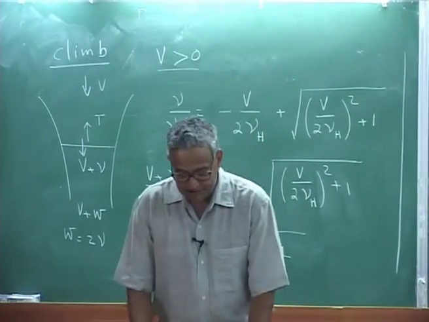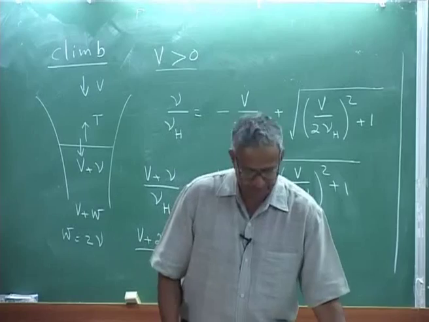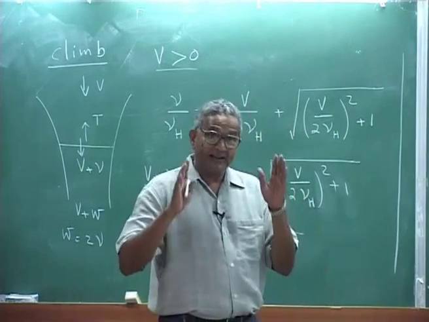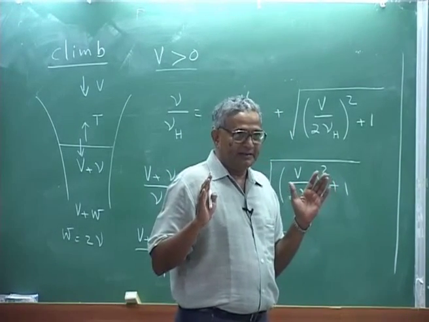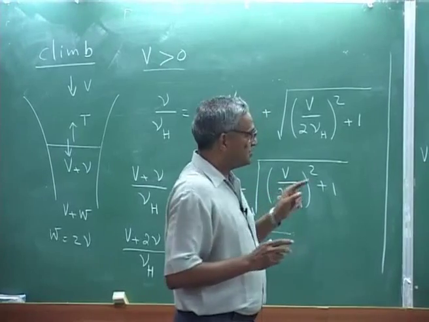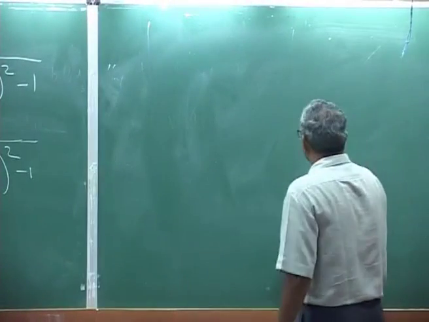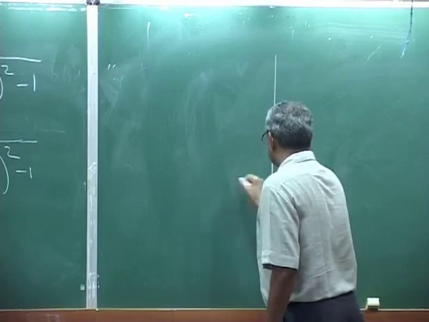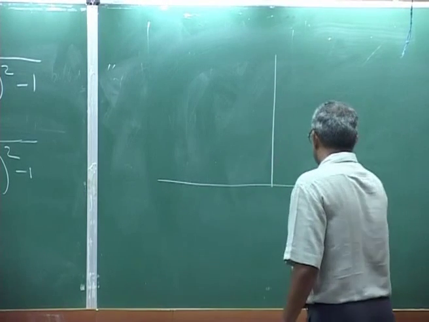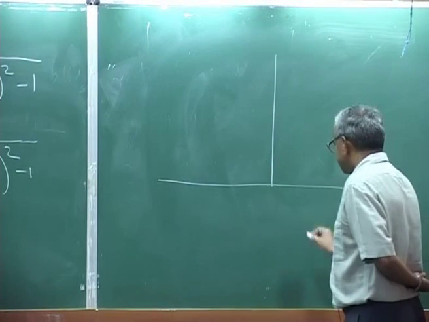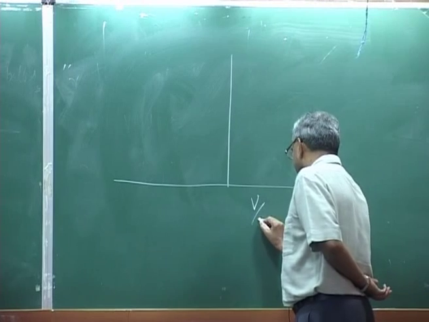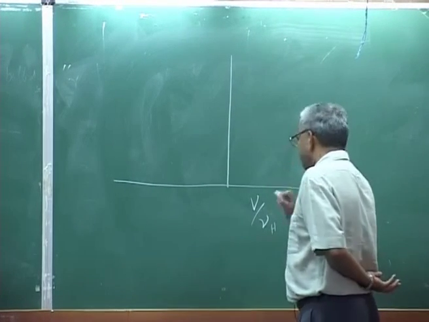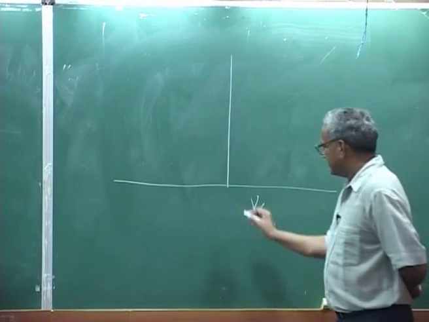You can plot both of them in one diagram. That means I am going to specify, if I want to plot, the x axis, I say V over nu h.